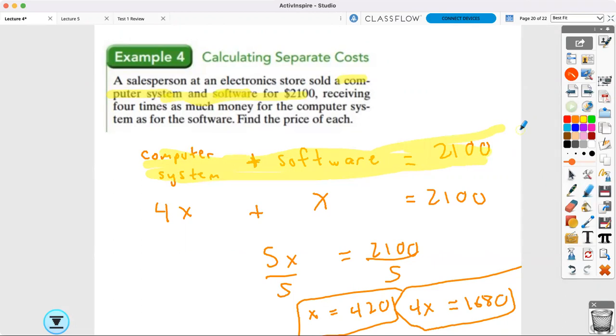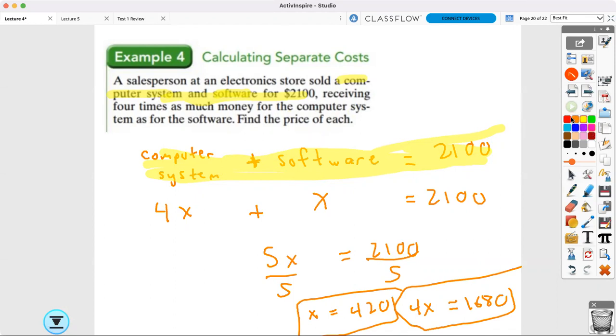You said divide by 2 right away, but if you divide by 2, you're assuming these two are both the same price. So we can't really divide 2,100 by 2, because the software isn't 1,050 and the computer system isn't 1,050.